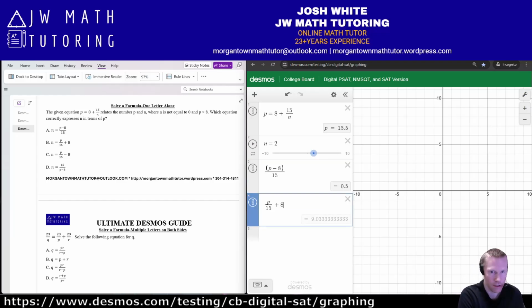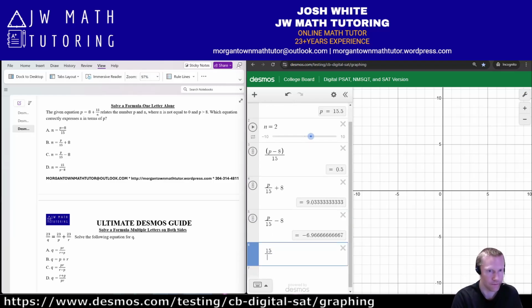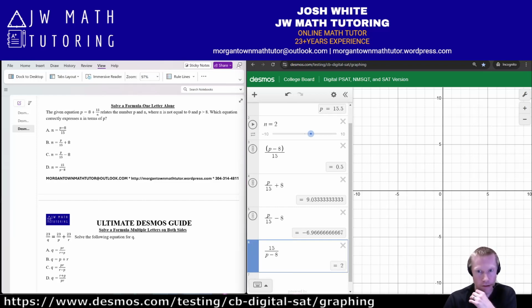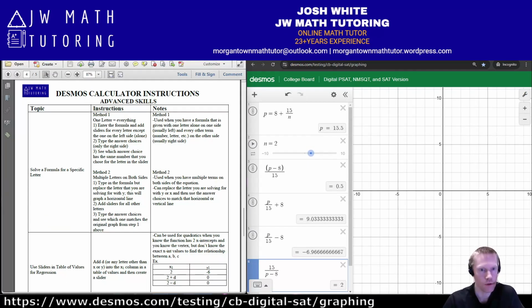So there's A, there's B, there is C, okay, and there is D. Now, again, just to go back to the sheet for a second, what we're looking to match is the answer choice which is equal to the same value or same number that we chose for the letter in the slider, the letter that we're solving for, which in this case is n.